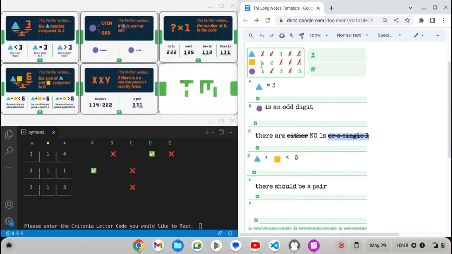So let me go ahead and cross out my single one here, and cross out my single one here, and interesting, how can I get rid of that 5?